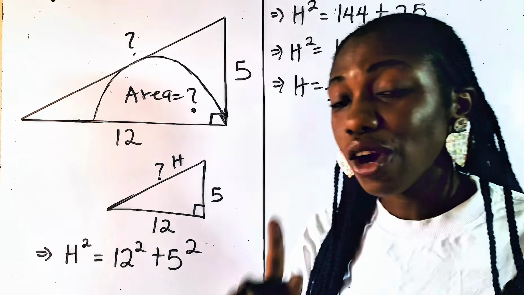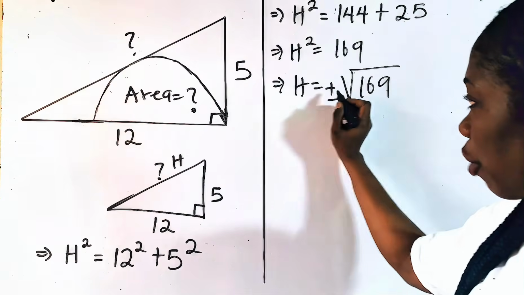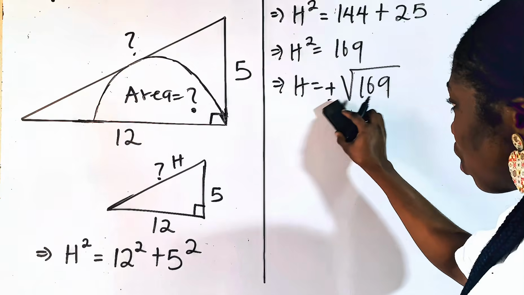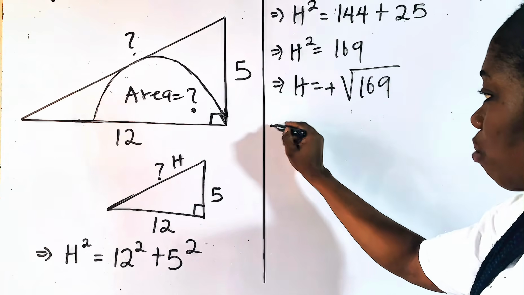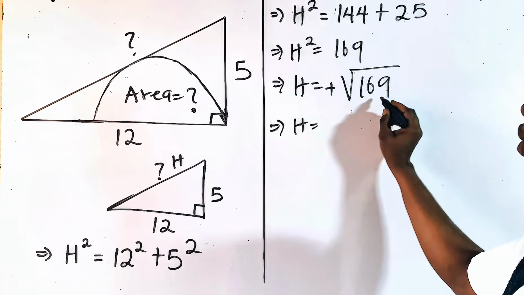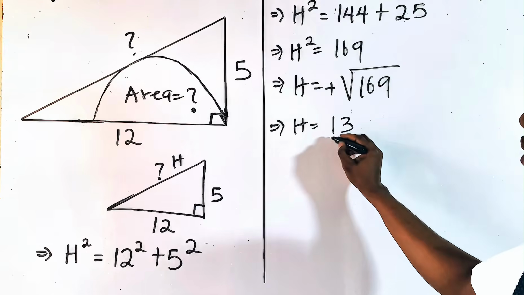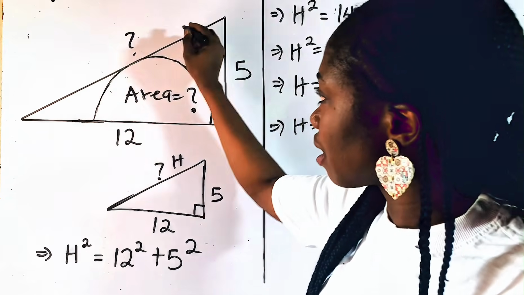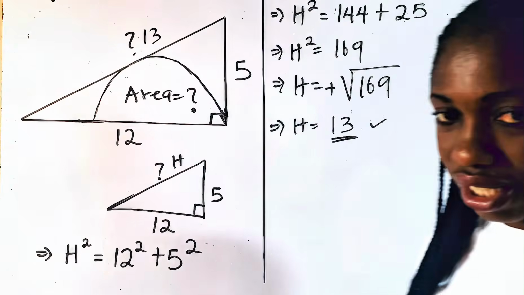But in this case, we are only going to concentrate on the positive square root because we are looking for the side. So we don't need this. So our hypotenuse side is going to be the positive square root, and that gives us 13. So it means that this longest side is 13 units.